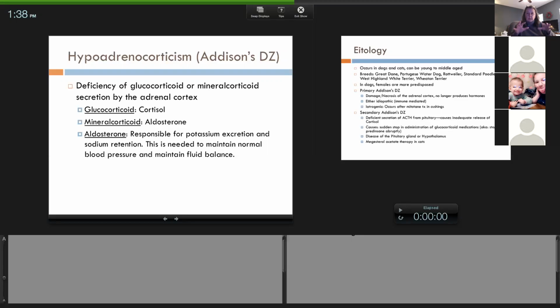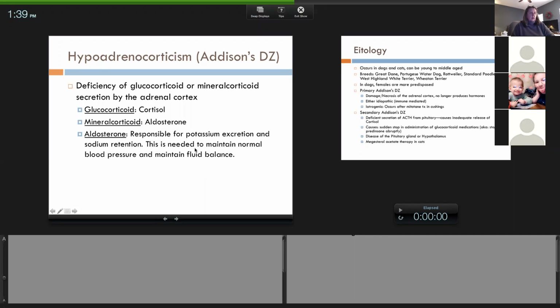So when everything is in balance via cellular and our fluid balance, our electrolytes are in balance. And aldosterone's primary job helps to regulate the potassium excretion and then sodium retention. And potassium and sodium go together.